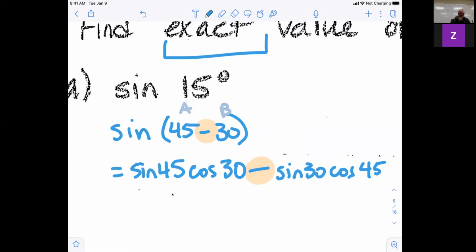What's my sine of 45? Root 2 over 2. What's my cosine of 30? Root 3 over 2. What's sine of 30?